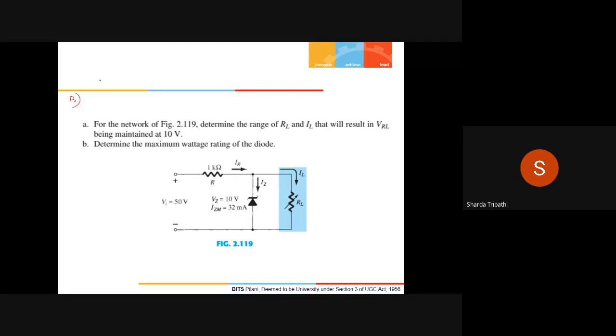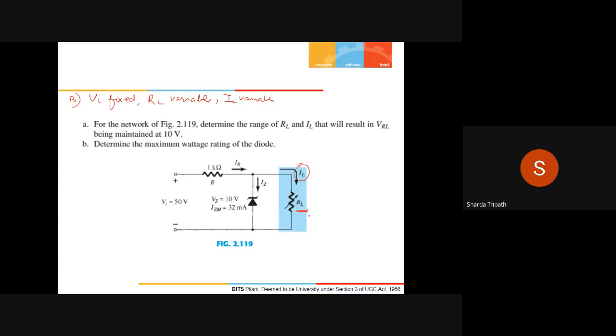In the second case, you will have the value of VI as fixed, but the value of resistance RL will be variable. Correspondingly, IL will also be variable. So the question may ask you to find out the range of this resistance RL or the range of this current flowing into the resistance RL for which the voltage is regulated.